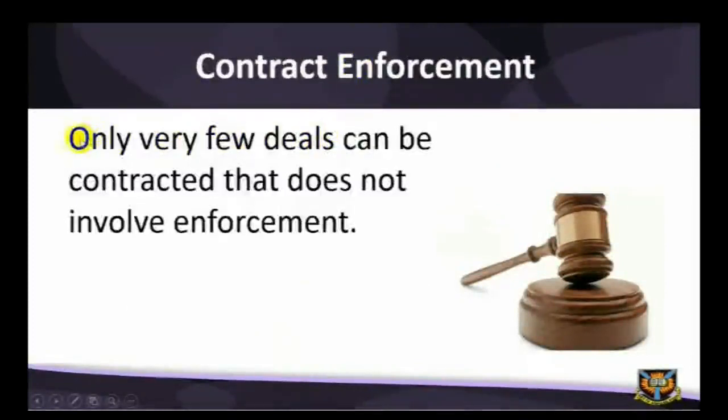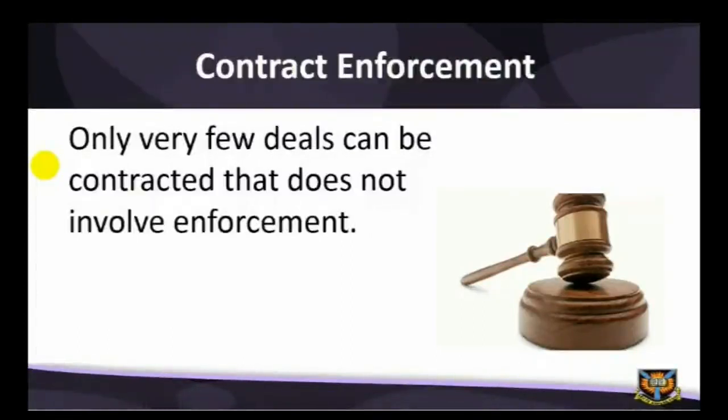We must all deal or enter into contract with people. However, only very few deals can be contracted that does not involve enforcement. These few deals are those that depend on mutual trust or involve individuals in a small or closely integrated community.